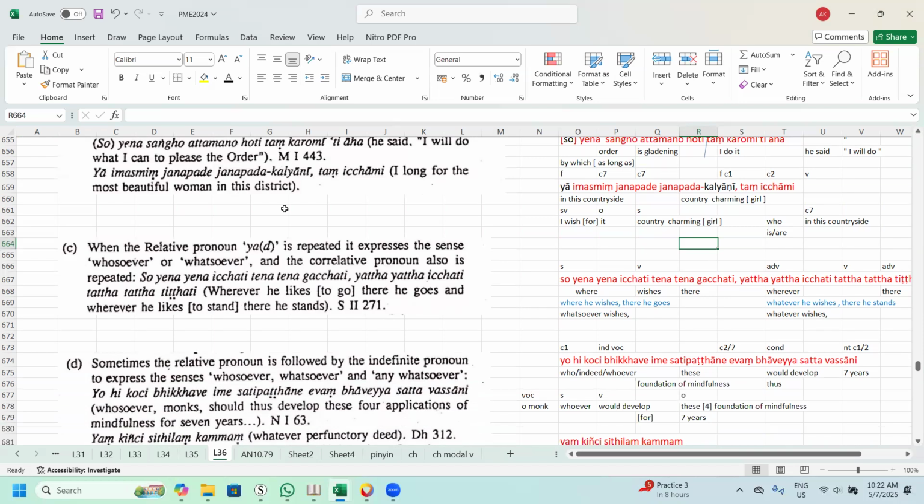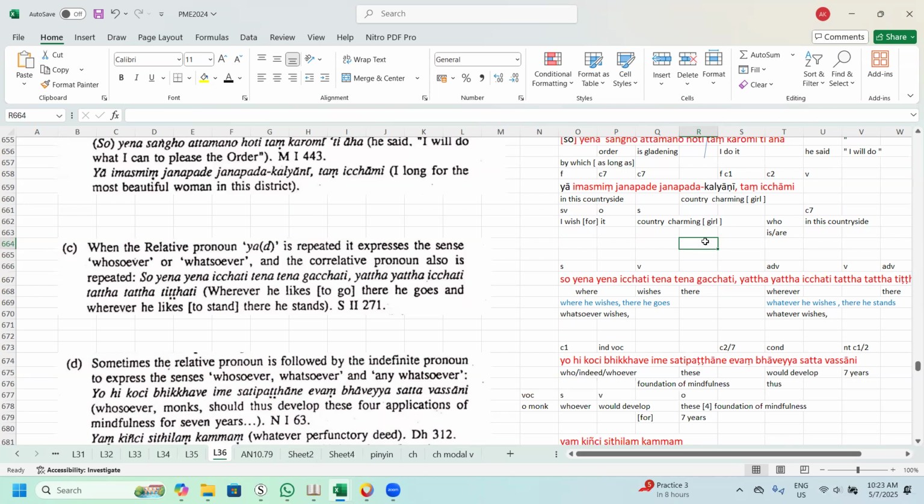So, Brother Fred, yes, here they put a hyphen. This is a compound word, Janapada-Kalyani, compound. The translator put the compound, so I just follow it exactly. You don't have to take it because there are two ways of showing a compound: join it or put a hyphen.